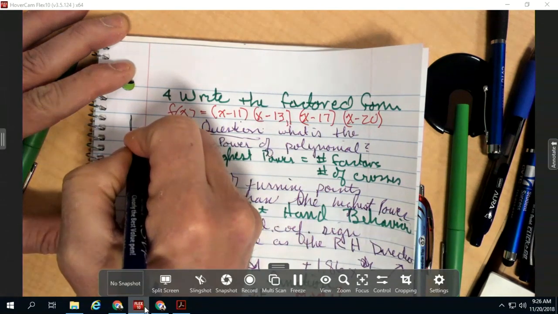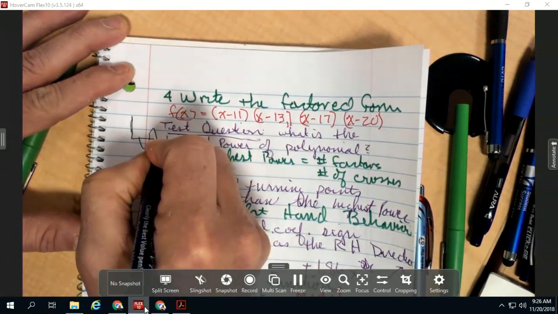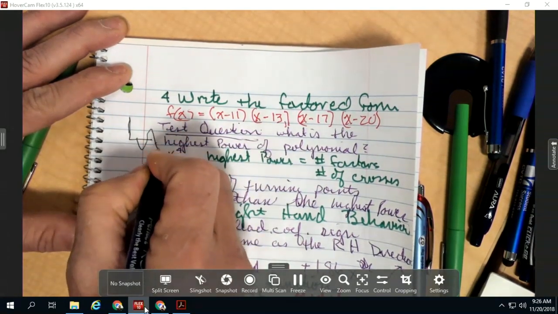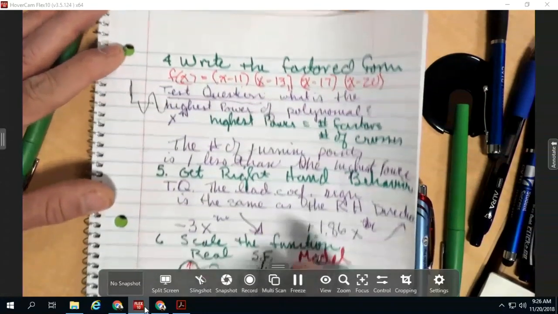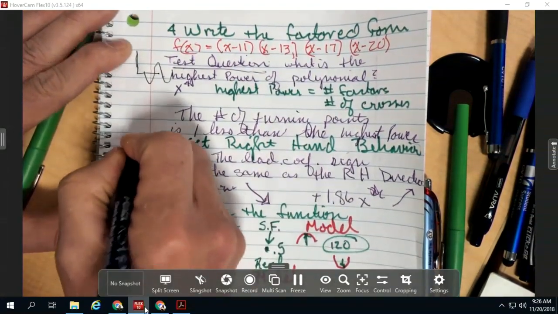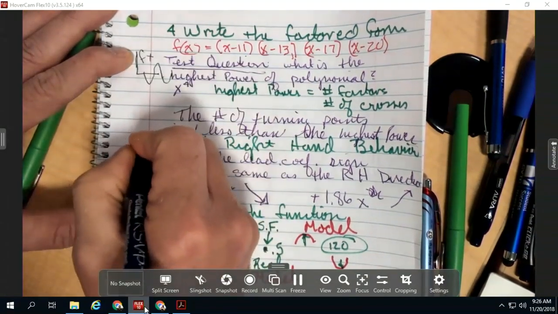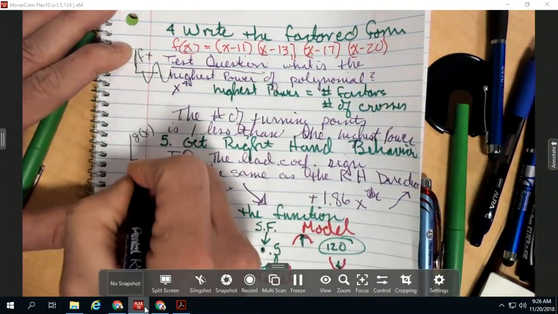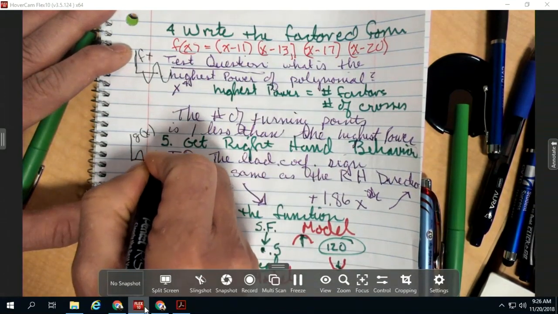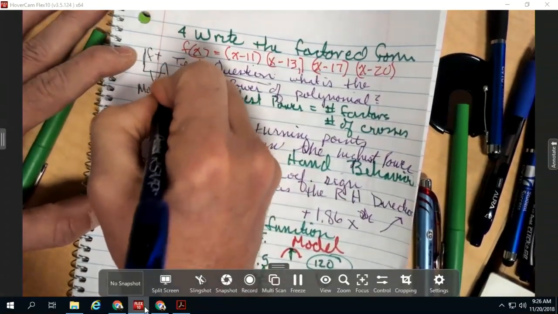It went down and then up and then down and then up. And then for my next time that I drew it, this was f of x. This was g of x. It went up and then down and then up and then back. So each one of these is my model.